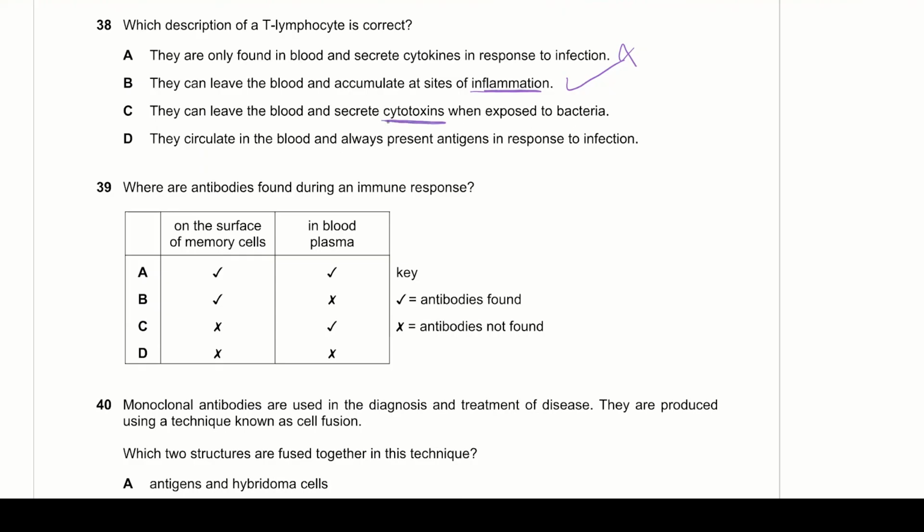They do not secrete cytotoxins, so this is incorrect. D. Circulate in the blood and always present antigens in response to infections. Lymphocytes are not antigen-presenting cells. Antigen-presenting cells are macrophages or phagocytes in general. So this is incorrect. The answer is going to be B.